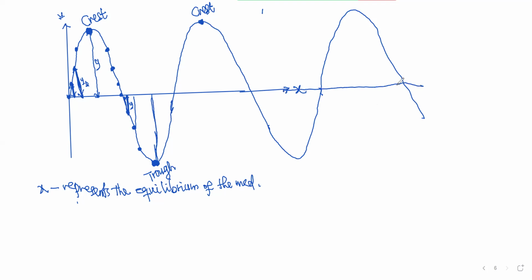So the crest and trough are defined as maximum upward and downward particle displacement.